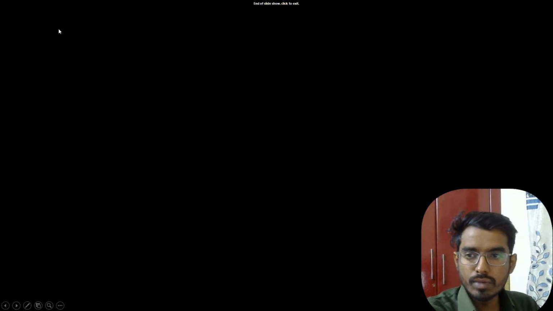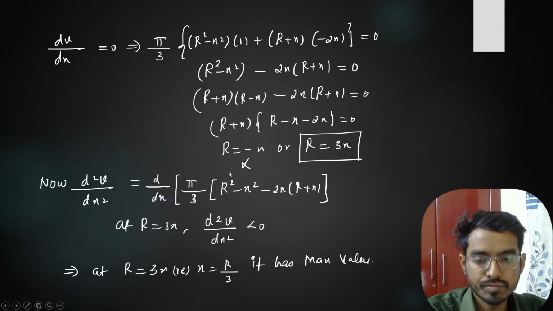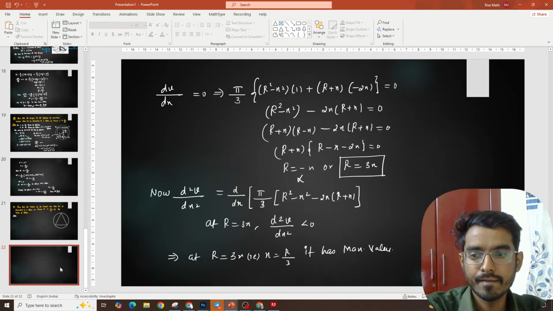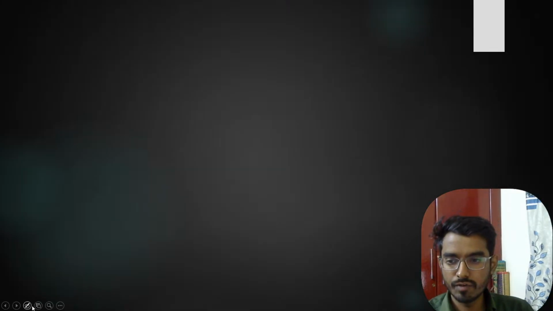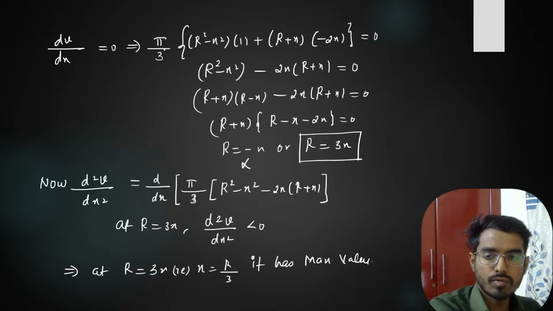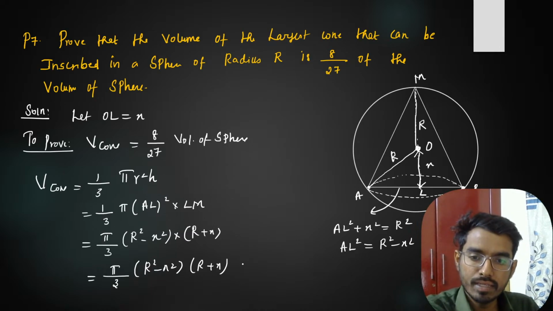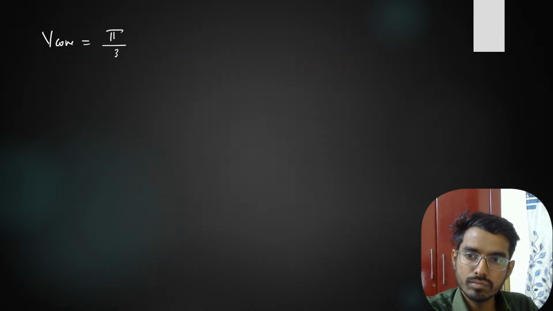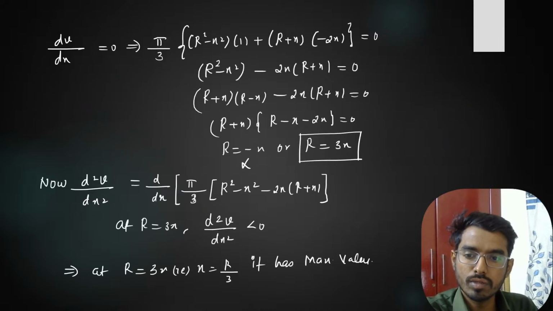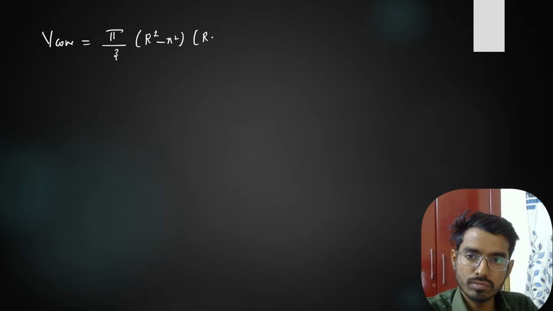Now, what is the volume of cone? We have pi by 3 r square minus x square into r plus x.